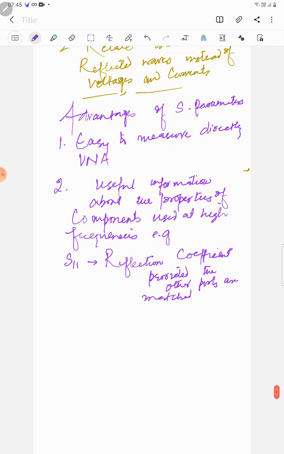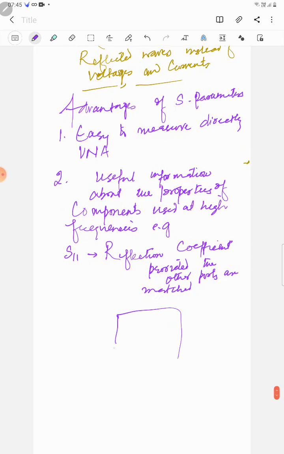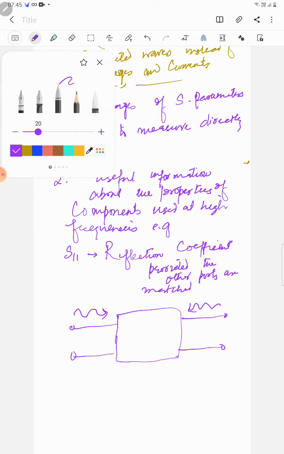So say for example, I have a two-port network. This is port 1, this is port 2. Here we discuss incident waves and reflected waves.